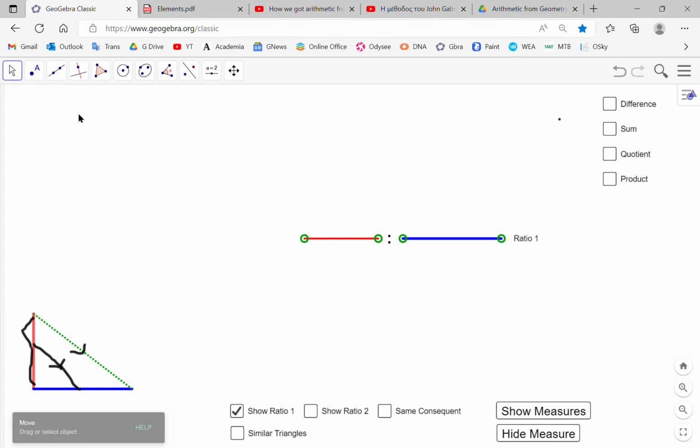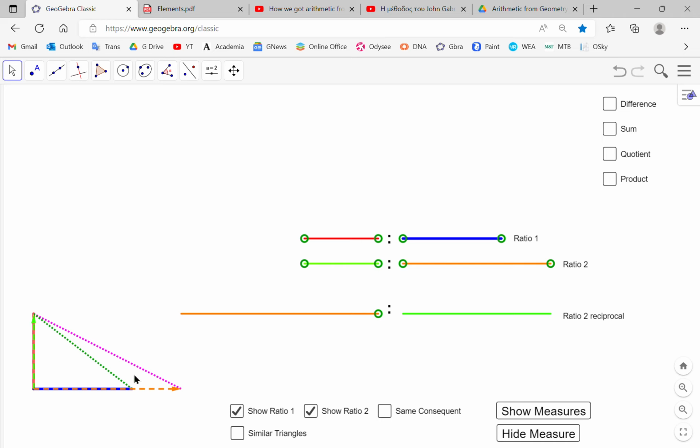Let's go back to what I had here. We can represent ratio 1 as you see there and ratio 2 as you see there. These lines represent the ratios, because any line parallel to these lines will equal one of the ratios. When we want to find a common consequent, we can take a line parallel to either of these and just move it along.